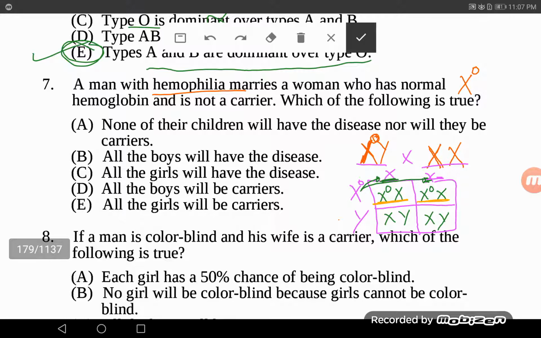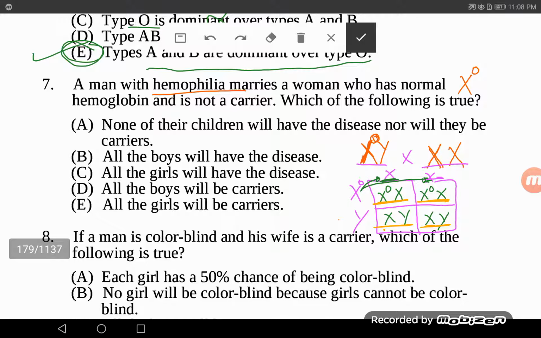Here again, if the baby is a female, that baby will carry that disease but not show any symptoms, so it's not dangerous. And here we can see the male will be normal, we don't have X0, and the male again will be normal, okay.